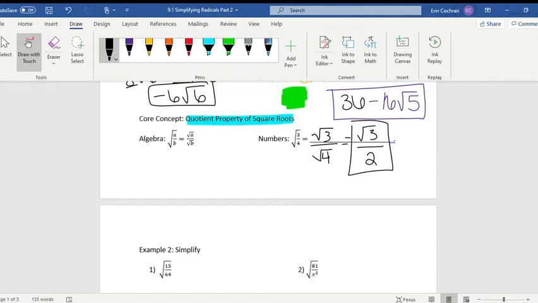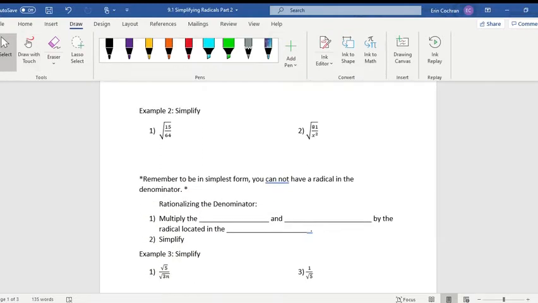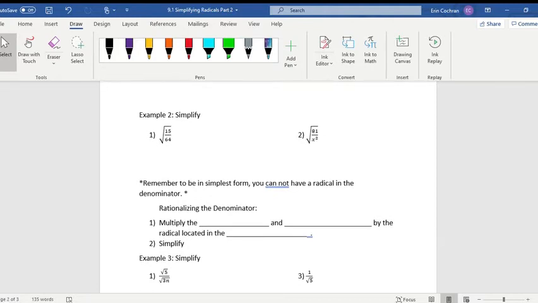Okay. So let's look at number 1. Simplify. All right, so we have the square root of 15 over 64. Well, in this case, I can't simplify 15 over 64, but I do notice 64 is a perfect square. So what I'm going to do is go ahead and just break this into 2 radicals.